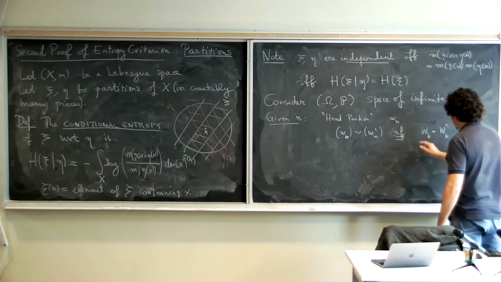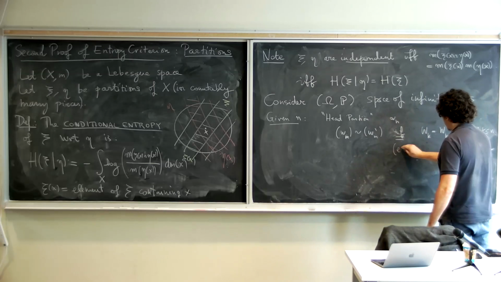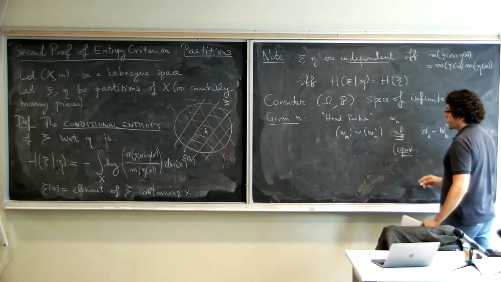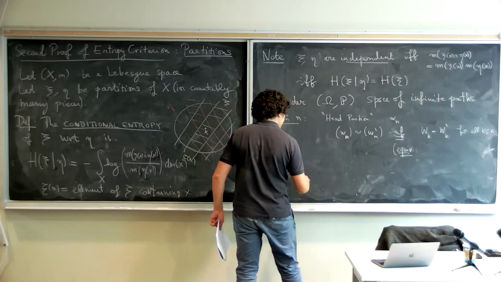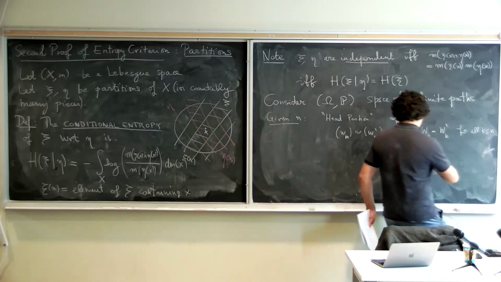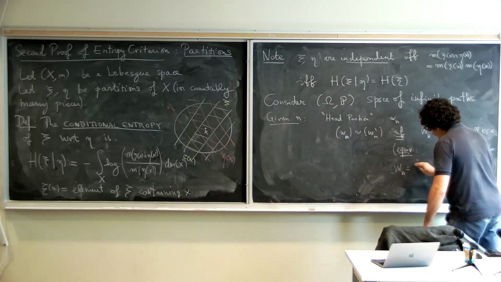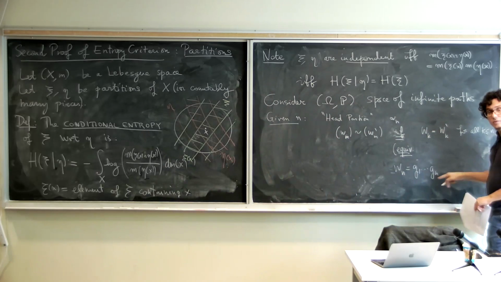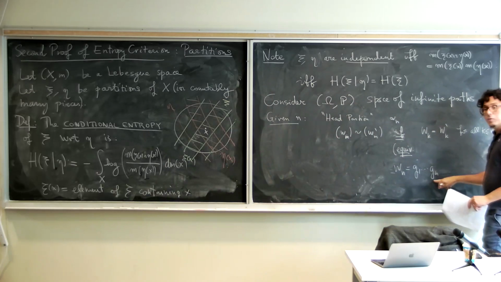In fact, this is equivalent, recalling our notion, we call Wn G1 through Gn. So these are the increments.